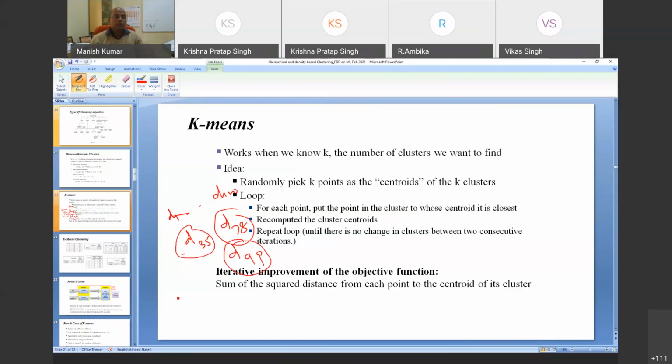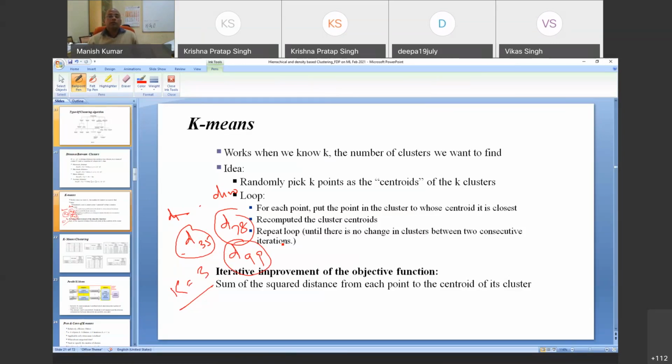So I'm just fixing k as 3. The moment I fix k equal to 3, I need to choose 3 random points, and it is up to you how far or how close you choose them, because your choice will impact the number of iterations, not the result. Okay, so that is important.